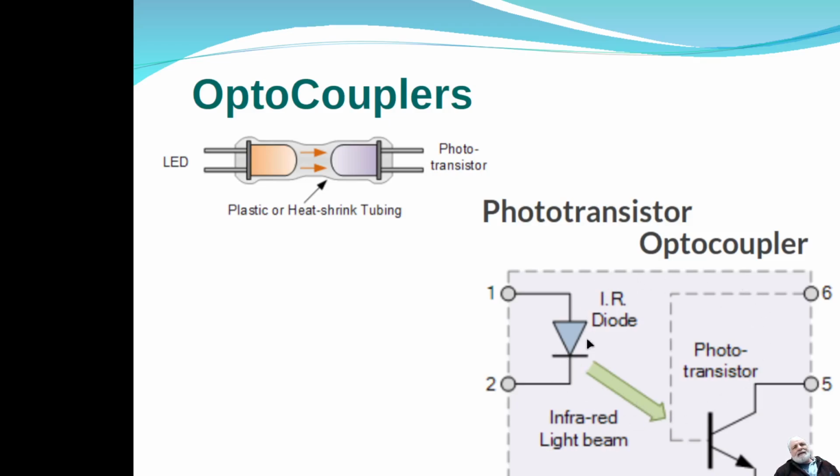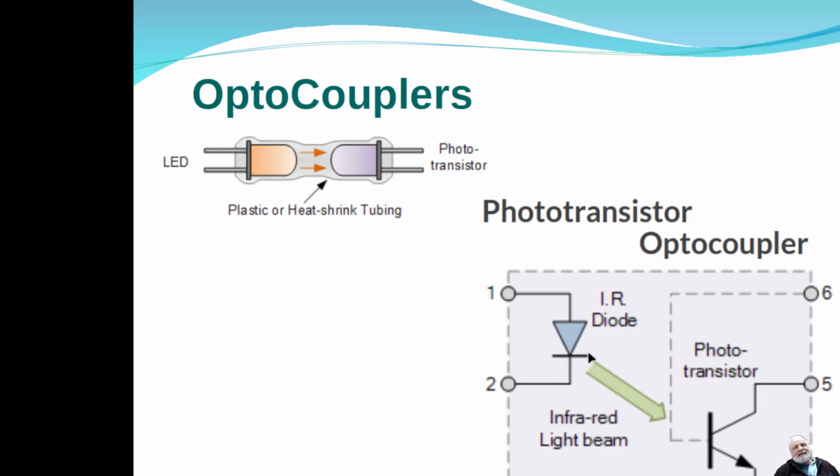And so usually these things are fully enclosed in a package so that light can't get in. In this case they're showing one built with an LED and a photoresistor that is just sensitive to light.